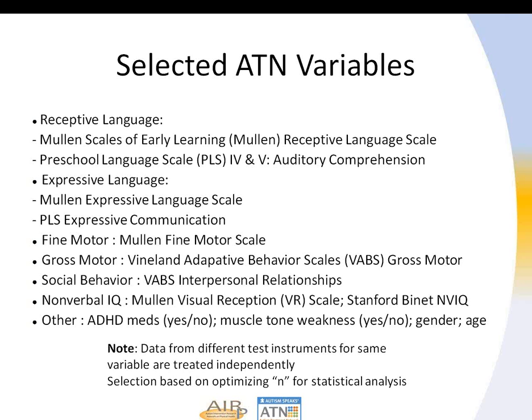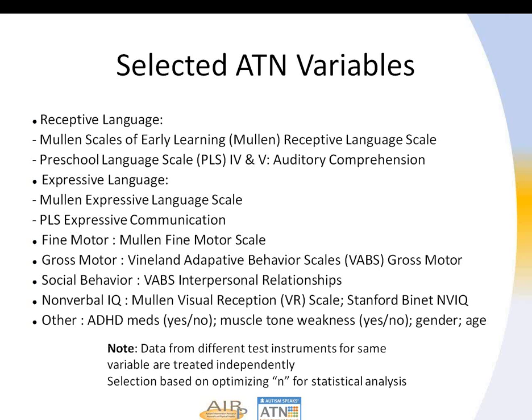And that can be a vicious circle, to the extent that the individual doesn't have those opportunities to develop their speech and language skills. So that's the justification for using social behavior as one of our measures for looking at communication as well.